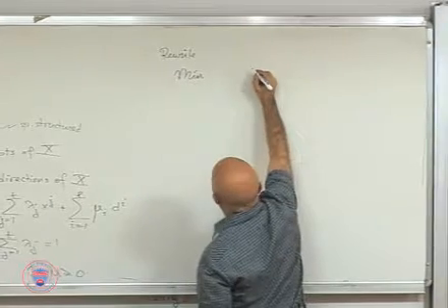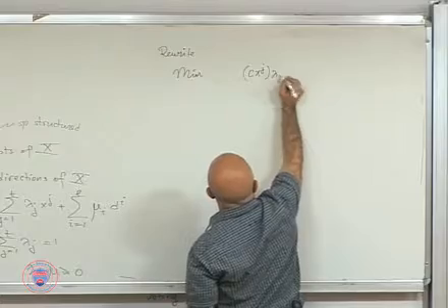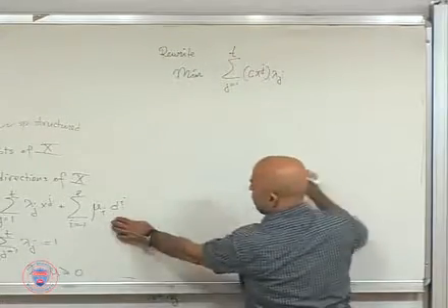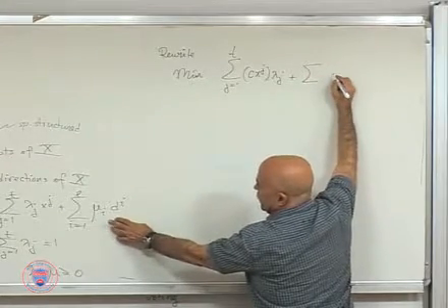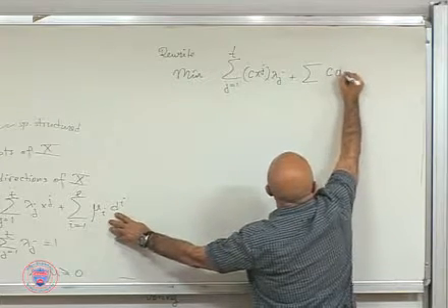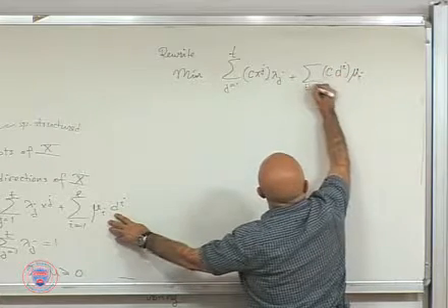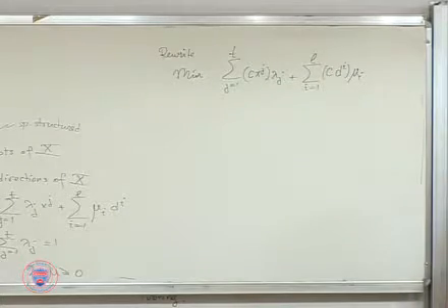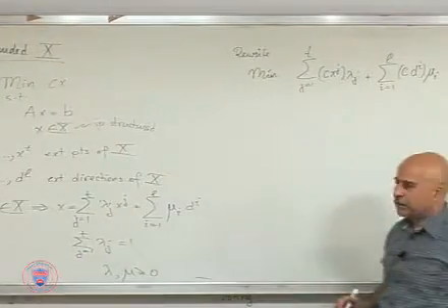So it will be c xj times lambda j, j going from 1 to t, plus c di times mu i, i going from 1 to l. Okay? That's your objective function if you just substitute what you see here for x.